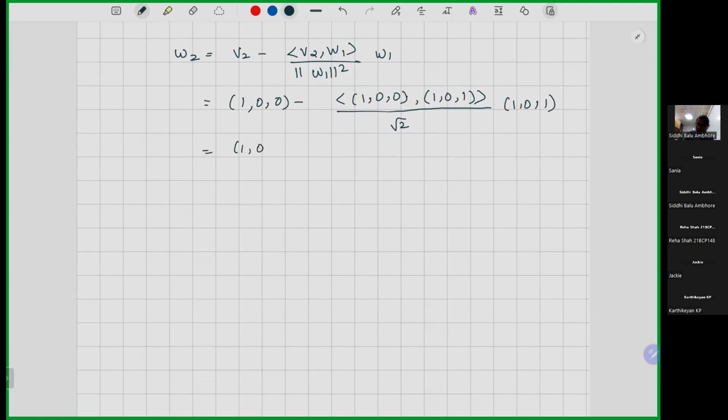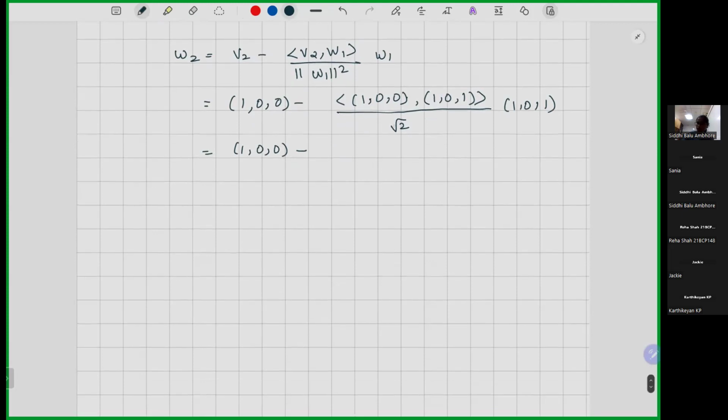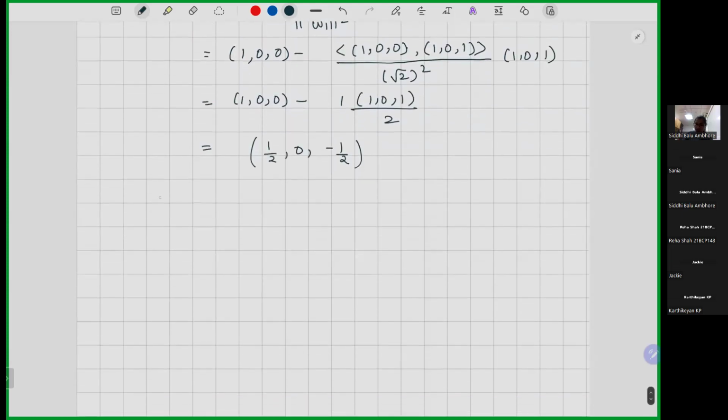So it is (1, 0, 0) minus norm squared, so this will be 1 into (1, 0, 1) by 2. Then it becomes (1/2, 0, -1/2).